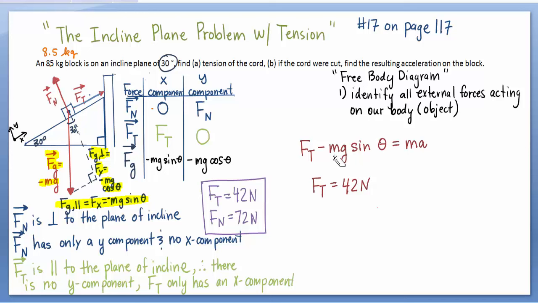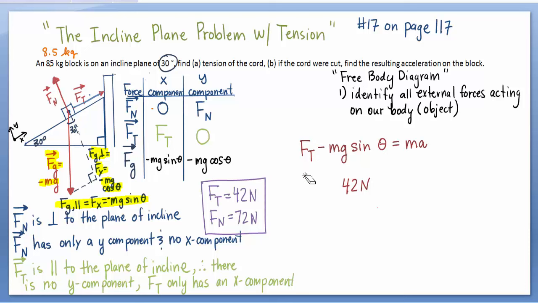So what I could have done was said that the vector FT opposes the force that moves the block in the x direction down the ramp.